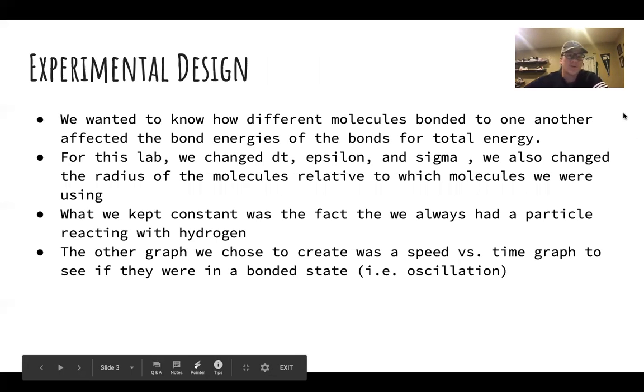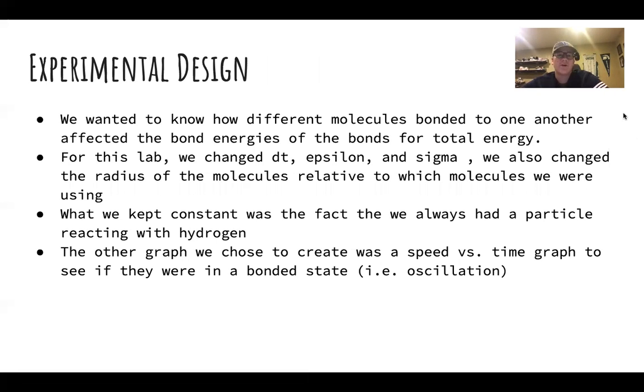So for our experimental design, we really wanted to know how different molecules bond to one another and how that affects the bond energies and the total energy of the bonds. For this lab, we changed dt, which was the length of our reaction, epsilon, which we said was the depth of the well, sigma, which is the distance between the molecules in their most stable arrangement, and also the radius of the molecules.